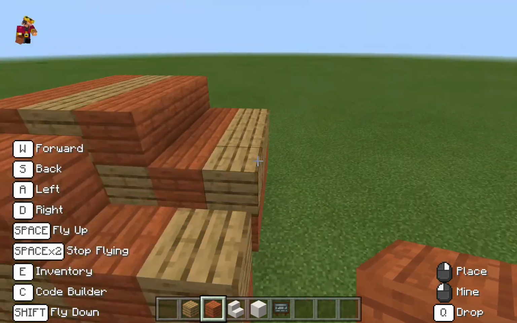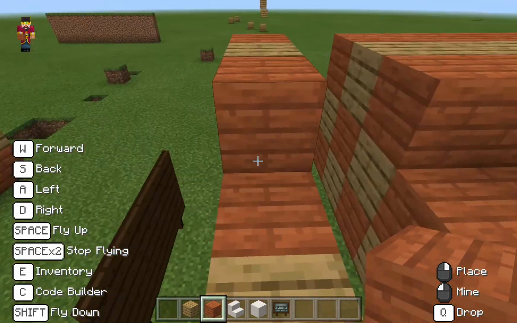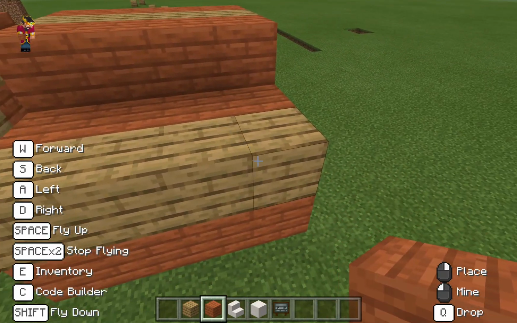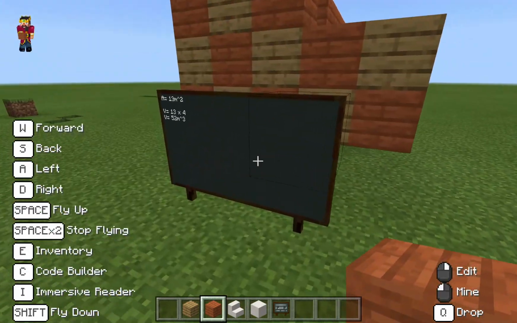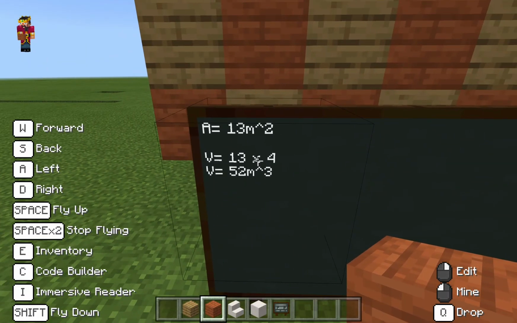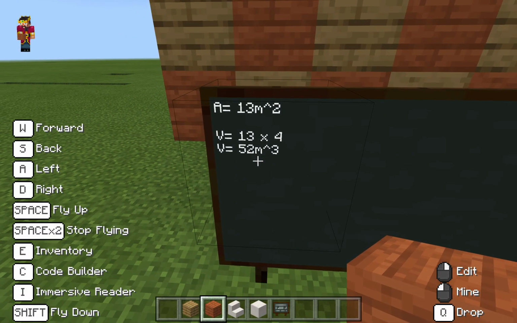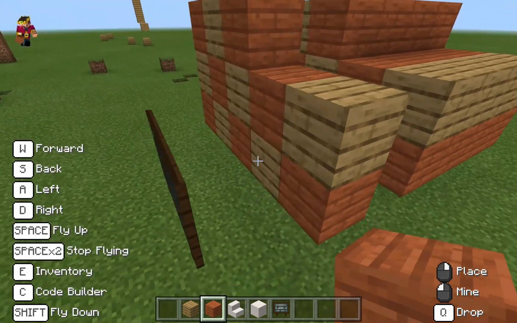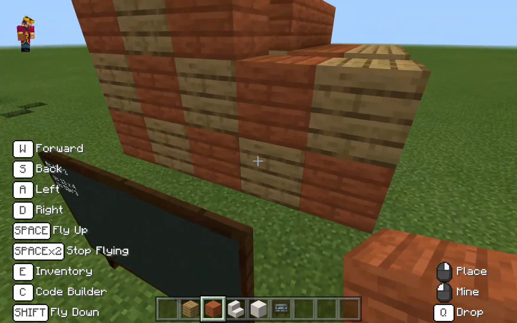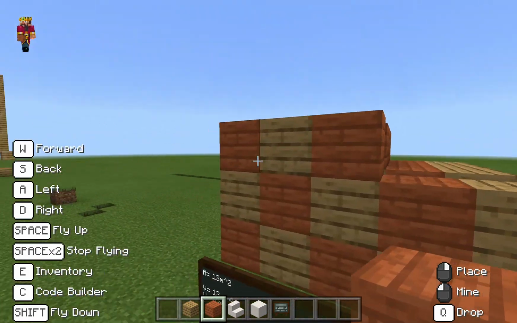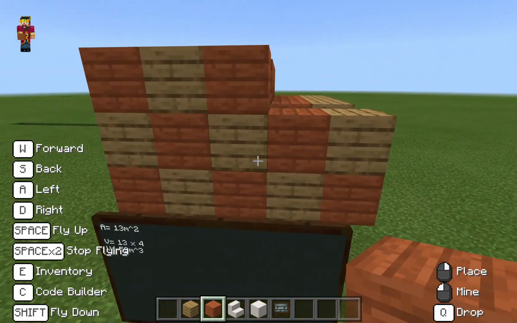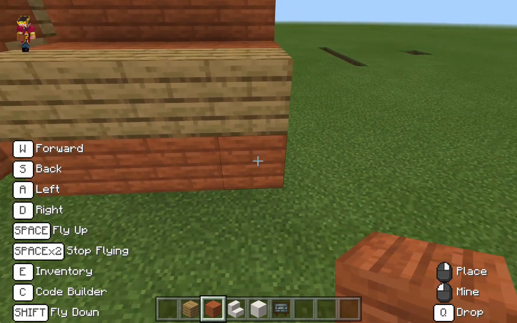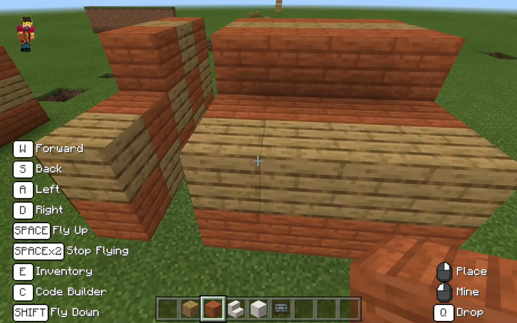This is the layer, but it's been repeated 4 times in order to get your volume. That's why the formula for volume for a lot of prisms is area of the main face times depth, the 3-dimensional value. So 13 here is the 2D value, but it's extended by 4 layers, and that's how we end up getting the volume, okay?